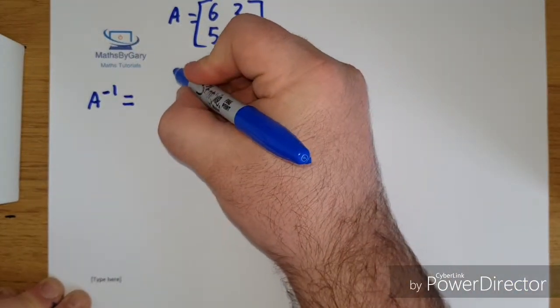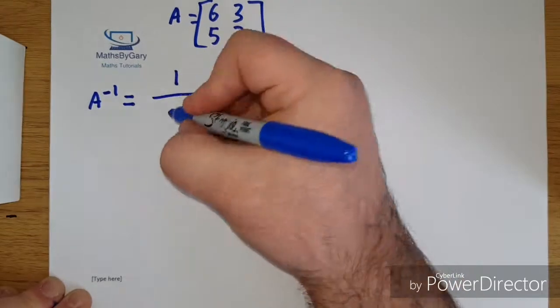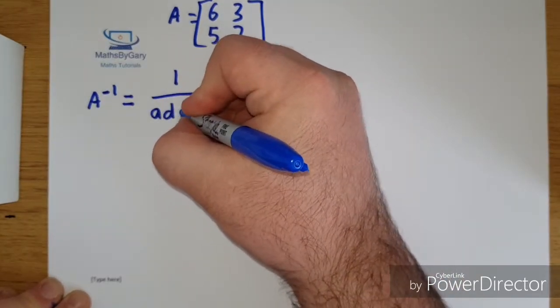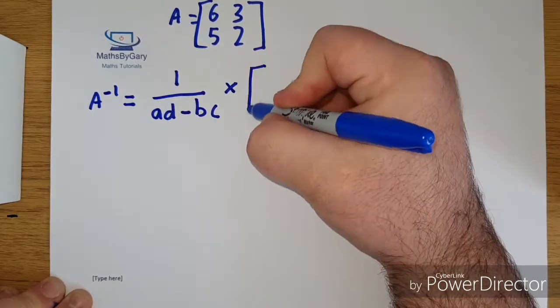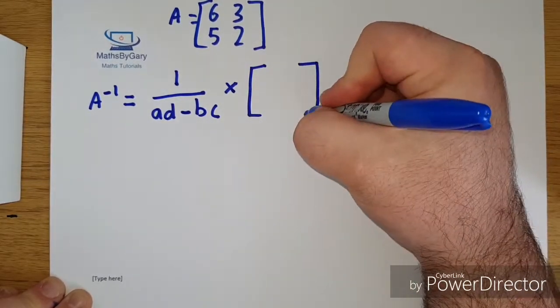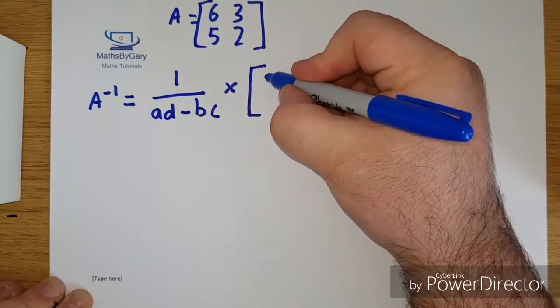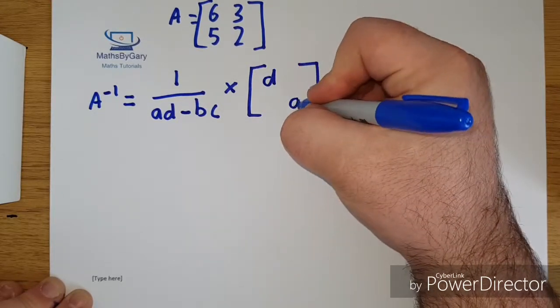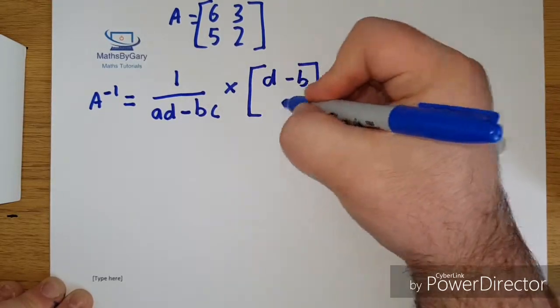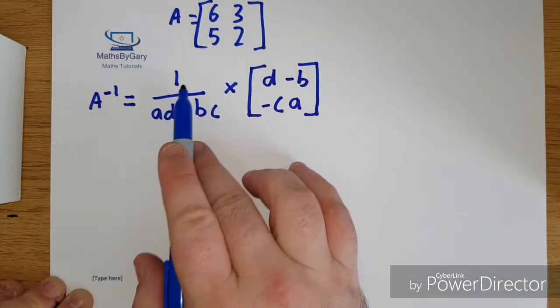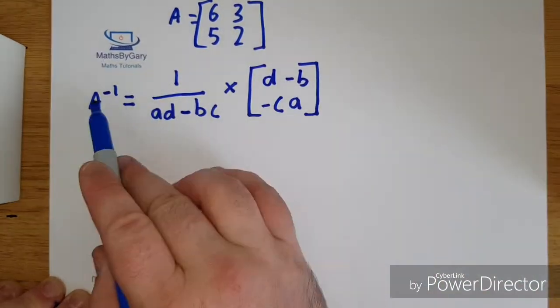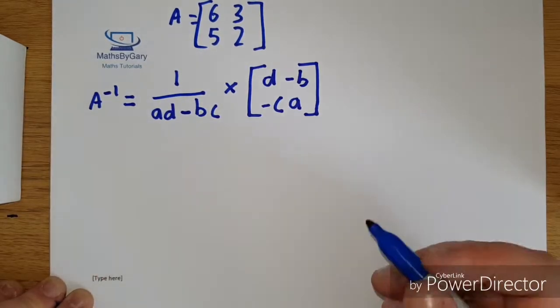So we take 1 divided by AD minus BC, and that's all multiplied by the new labelling of the matrix: D, A, minus B and minus C. So from matrix A, we plug in these details, and it'll give us the inverse.